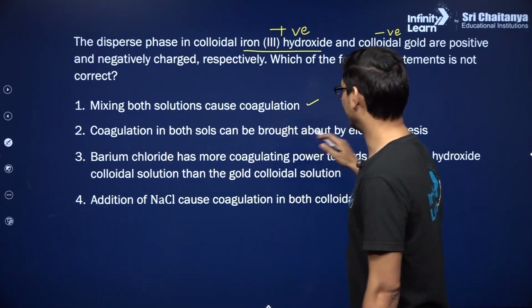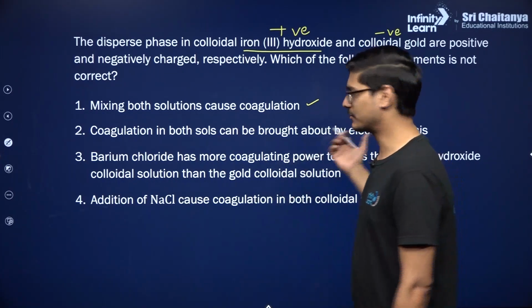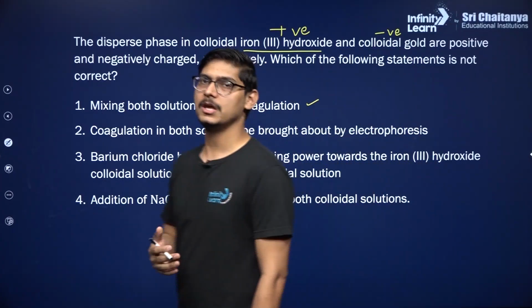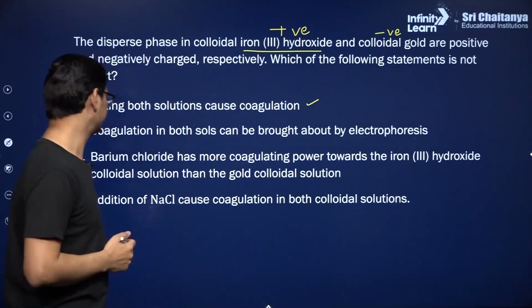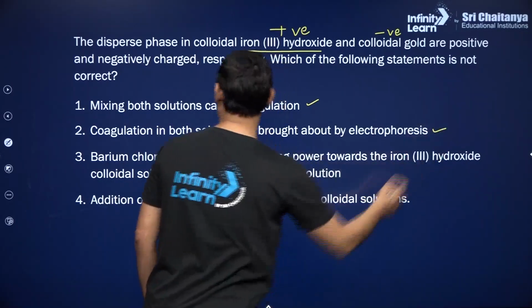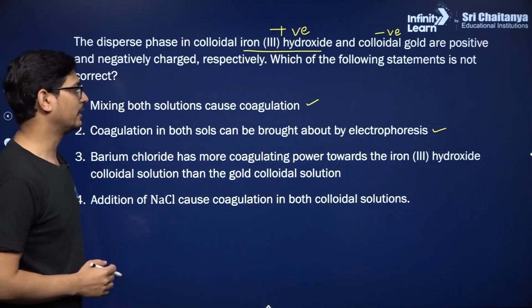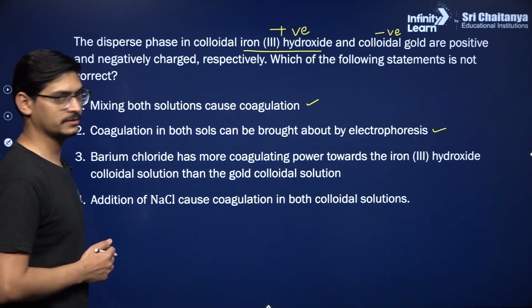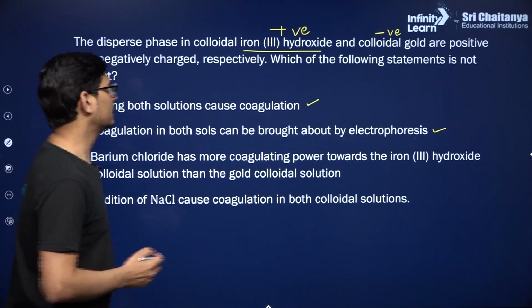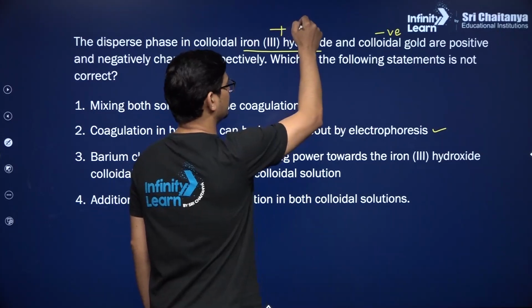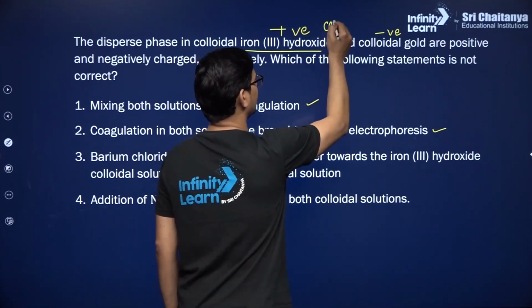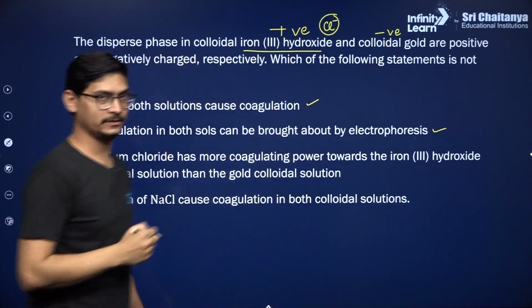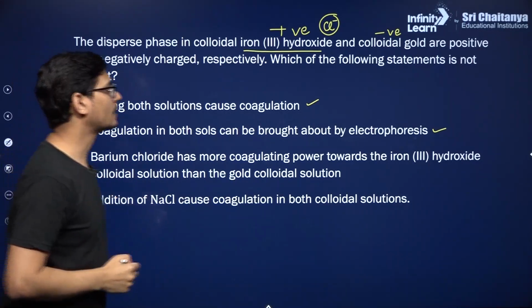Coagulation in both sols can be brought about by electrophoresis. Yes, electrophoresis is one of the methods which you use for the coagulation of colloids. That is also correct. Barium chloride has more coagulating power towards ferric hydroxide colloidal solution than the gold colloidal solution. Now let us look at it. This colloid is positively charged, so it needs an anion for coagulation, which is chloride, right, in barium chloride.